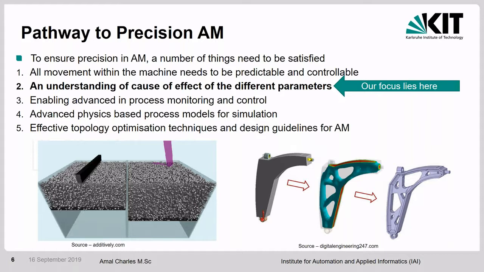We want to enable more advanced process monitoring and controlling, and also develop models for physics-based process simulation, as well as topology optimization. In addition to some of the presentations you've already seen today, we have also people working on these topics. Our focus lies primarily in the second part, which is to understand the cause and effect of different process parameters.